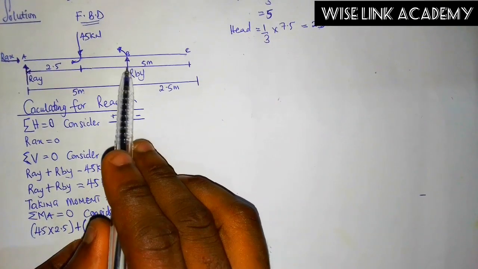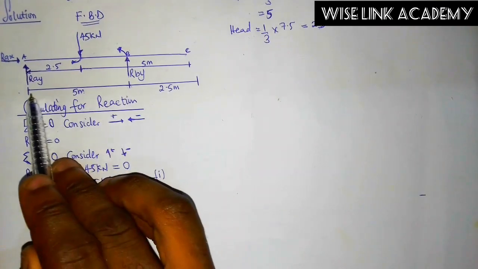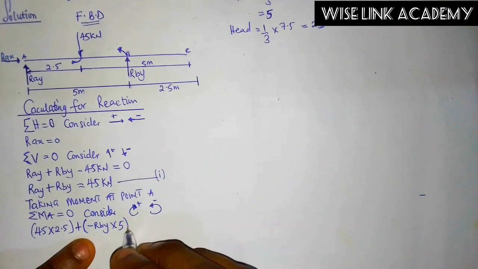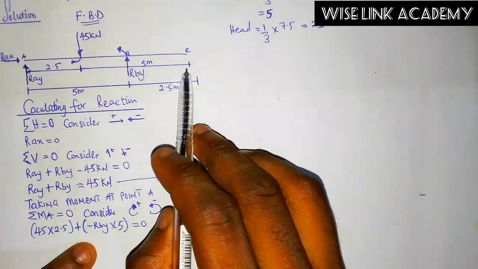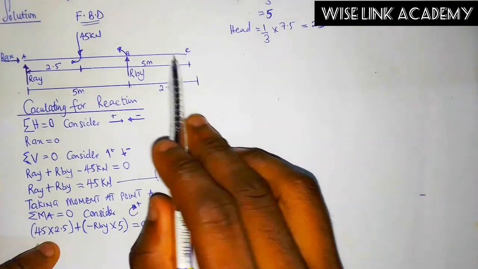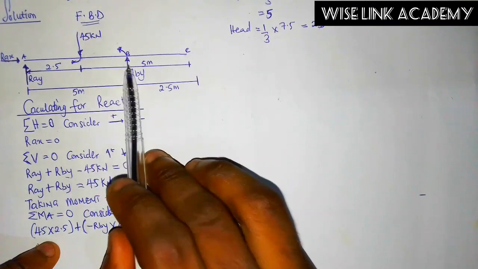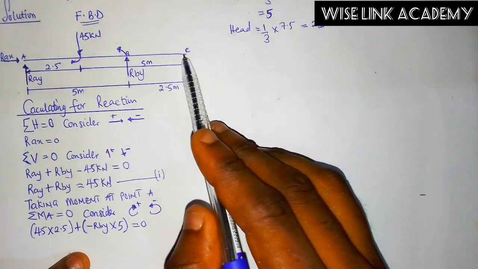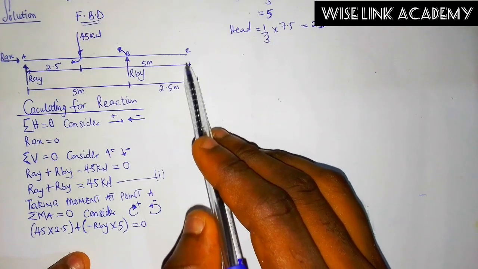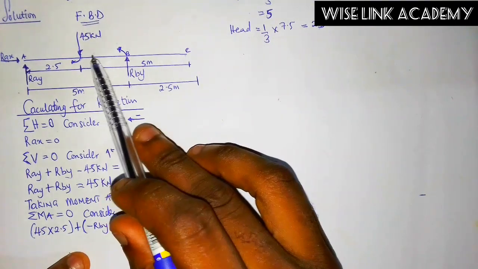From here to here is 5. Can you see? So it has covered a distance of 5, isn't it? So it's equal to 0 because there's no more any reaction here again. Except 1, 2, that's all the reaction there is. That's why we equate it to 0. If C has a reaction, we need to take it too, but there's nothing at C.